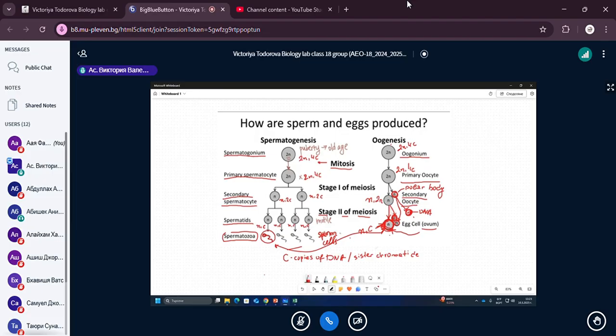Oogenesis starts when the female organism is an embryo, in embryo development, and stops when the female child is born, and continues in puberty.